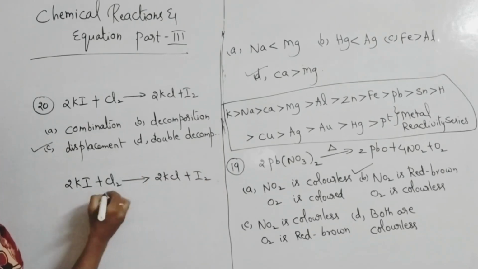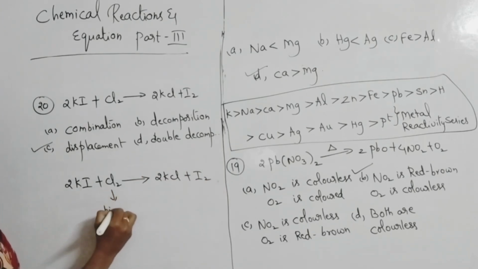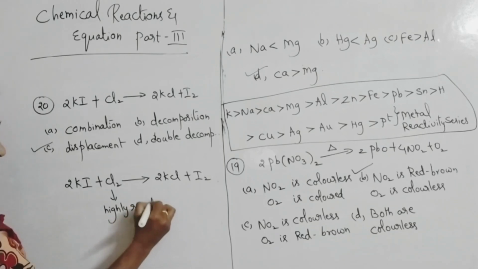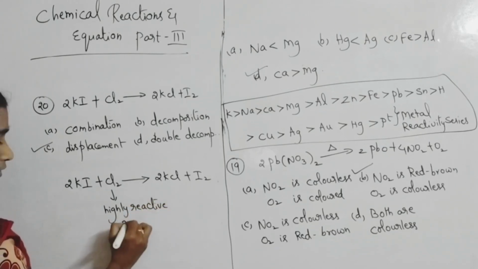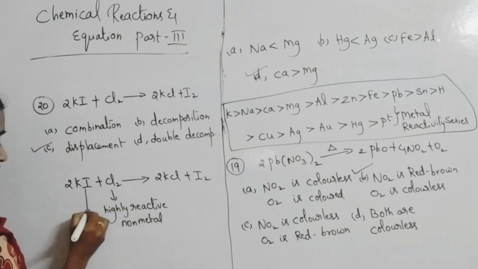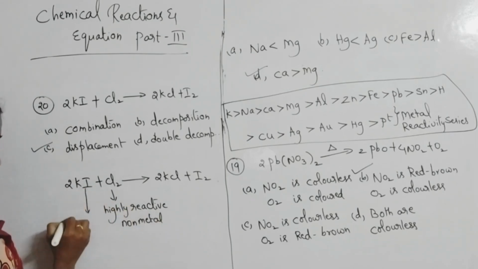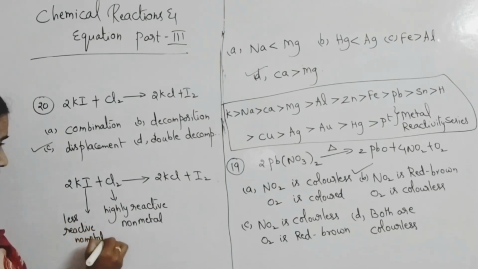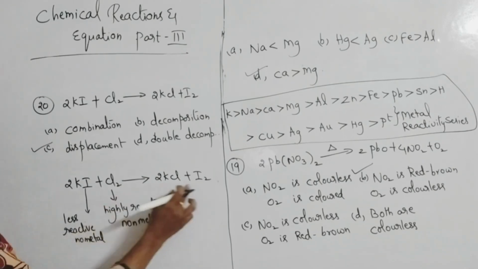Chlorine is a highly reactive non-metal, displacing a less reactive non-metal from its salt solution. Iodine is the less reactive non-metal, and it is being displaced.